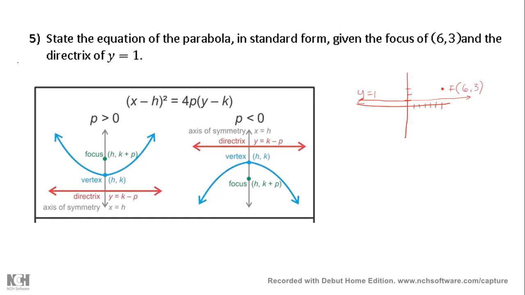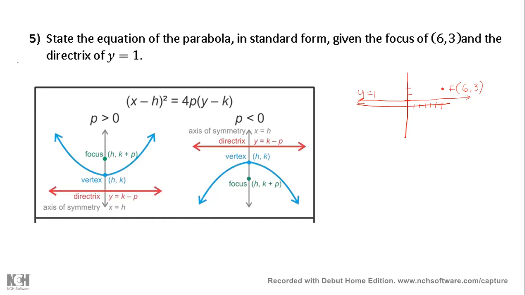If you remember, the locus definition of a parabola states that every point on the parabola is going to be equidistant from the focus and the directrix, which means that the turning point, as you can see in the diagrams on the left here, has to be midway between the focus and the directrix.